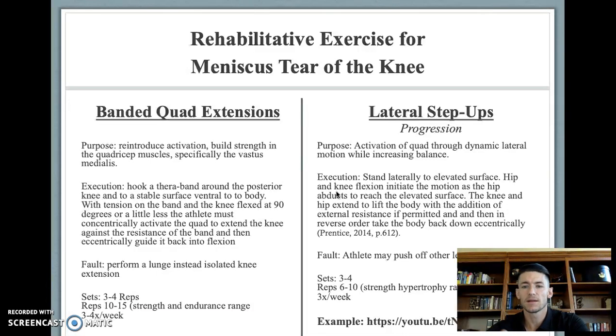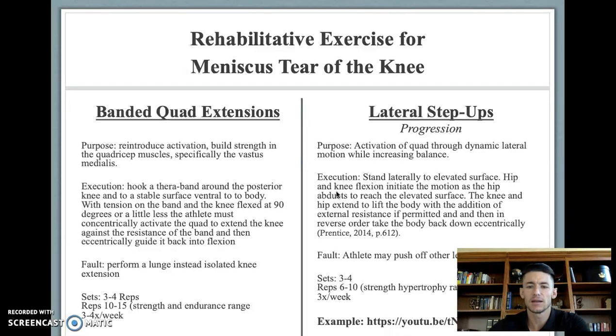Progressing from the banded quad extensions, you can begin activating the quad through dynamic lateral motion with the lateral step-ups. The person will stand laterally to an elevated surface and begin hip and knee flexion to initiate the motion, and then the hip abducts to reach the elevated surface.